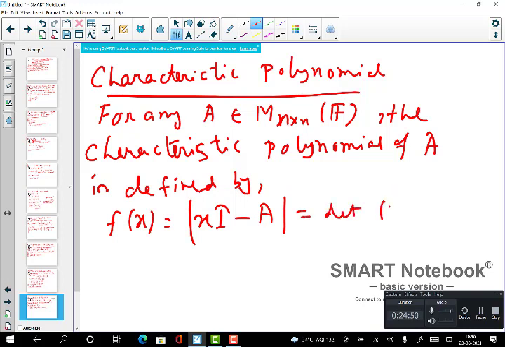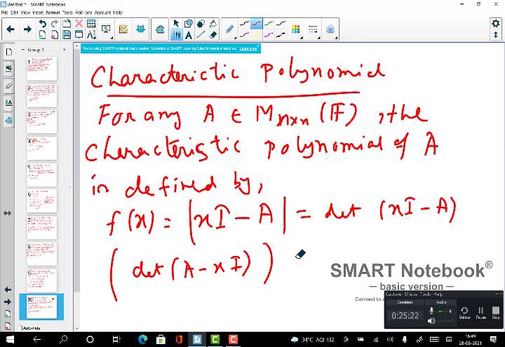Obviously some people also use the other one, the determinant of A minus xI. But that is the same, it's not a problem. The only thing is that there will be a sign problem, right? The sign may be minus 1 to the power n, but that does not have any impact on the eigenvalues. So this is the definition of the characteristic polynomial for A.